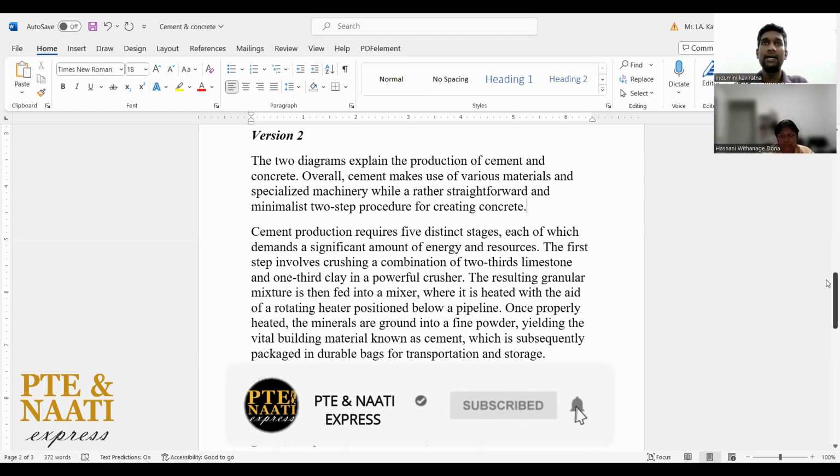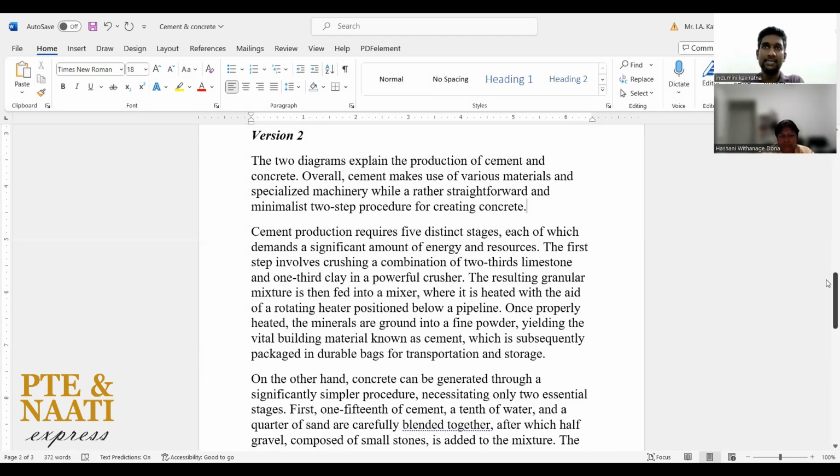Cement production requires 5 distinct stages, each of which demands a significant amount of energy and resources. The first step involves crushing a combination of 2/3 limestone and 1/3 clay in a powerful crusher. The resulting granular mixture is then fed into a mixture.